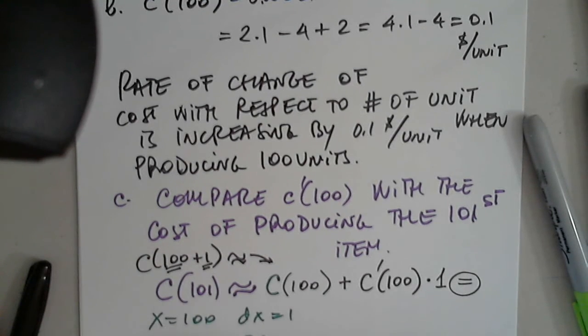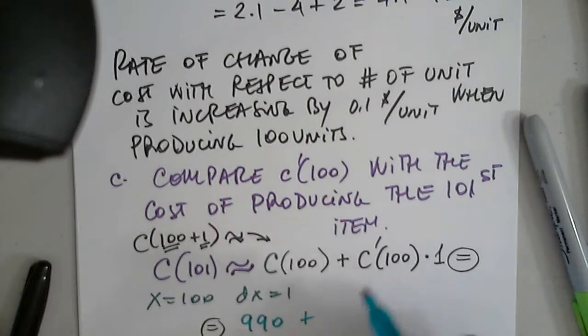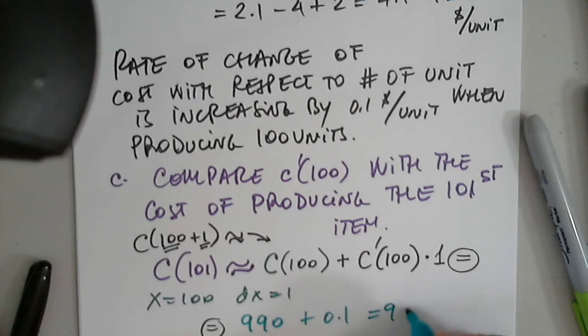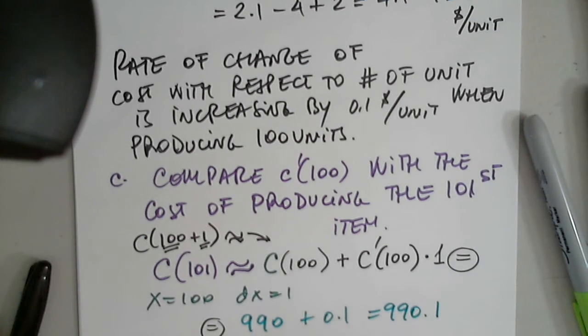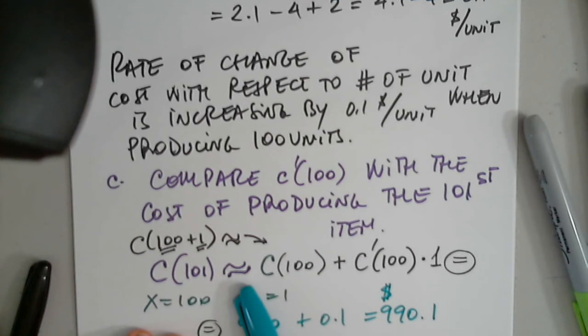So 990 plus C prime of 100, which is 0.1, because we determined it. So this is 990.1. And this is C of 101, which is in dollars. It's the cost, not the rate of change. So this is what we get with the approximation.